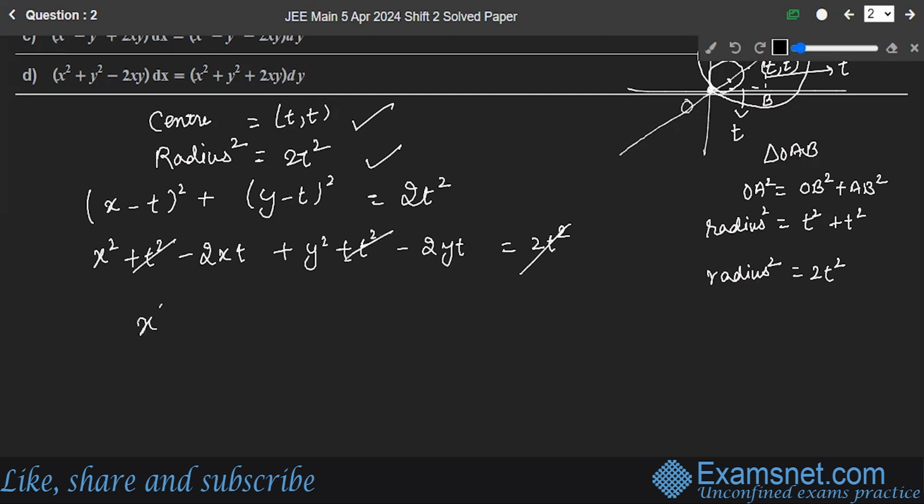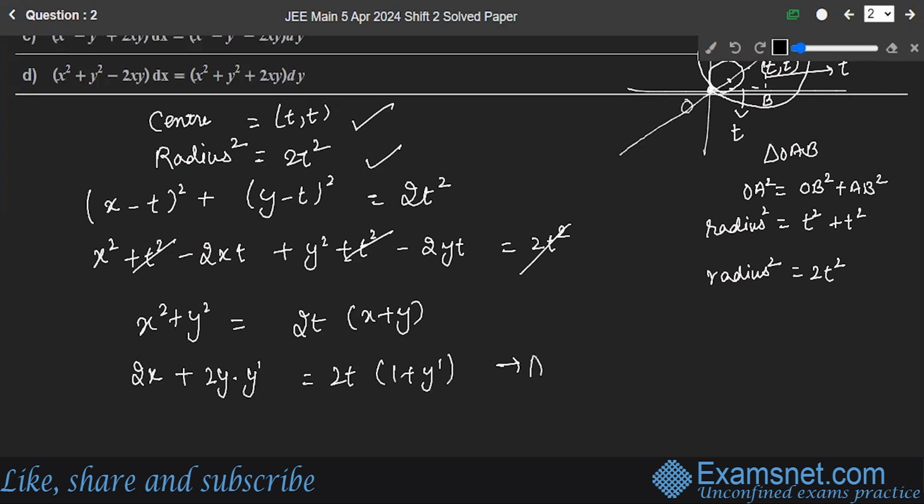The t squared terms will cancel, so x square plus y square is equal to 2t into (x plus y). Equation 1. Let's differentiate both sides with respect to x.